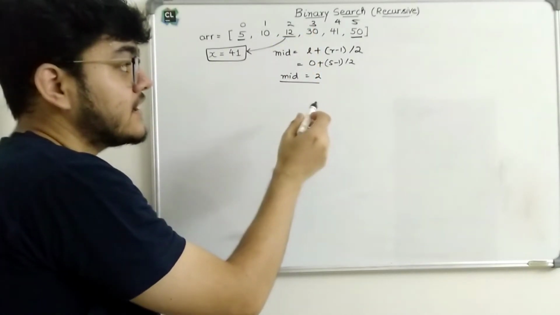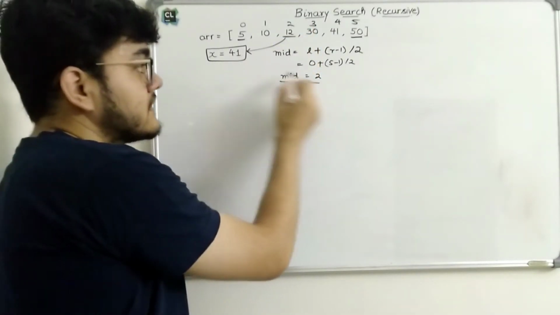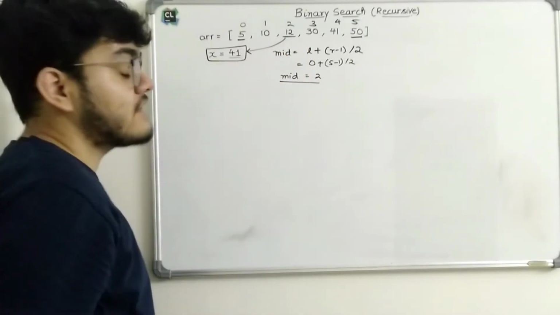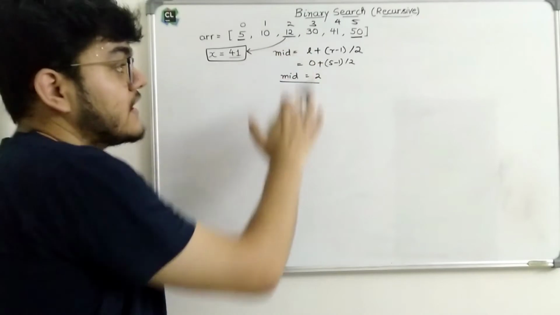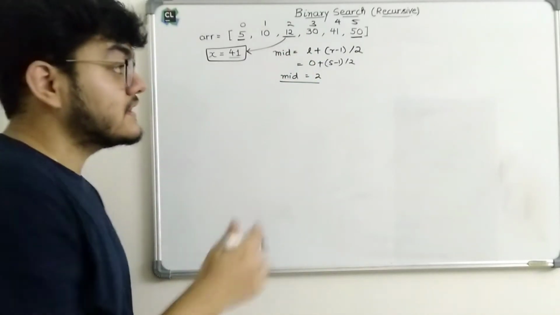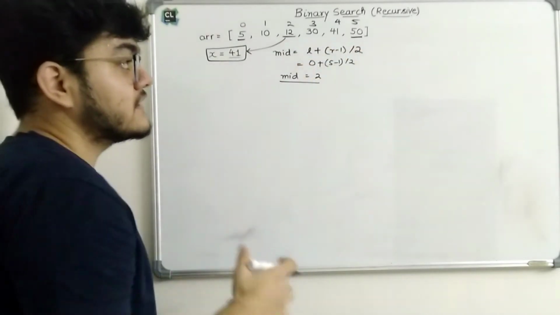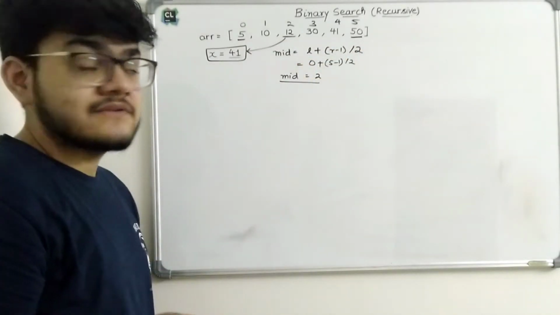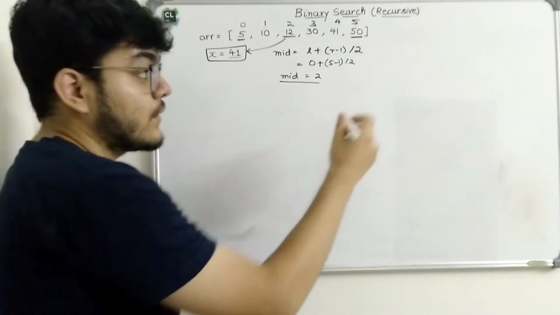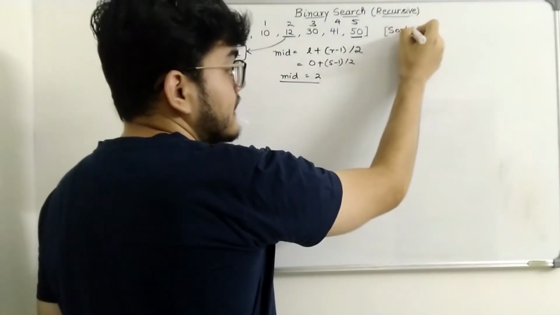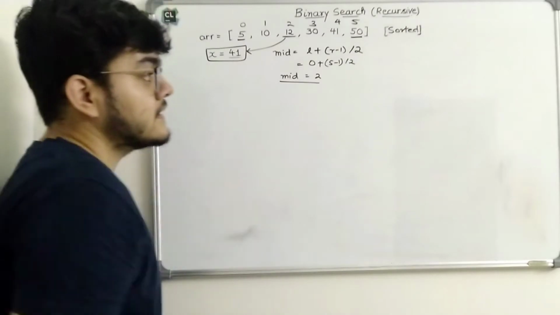If they are not equal, we compare the value of x with the value of mid. You can see that this array is sorted, and we know that binary search works only on a sorted array. So I am going to write here that the array has to be sorted.